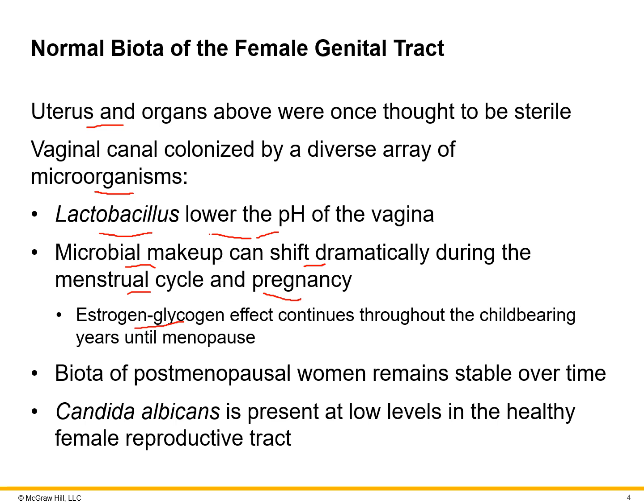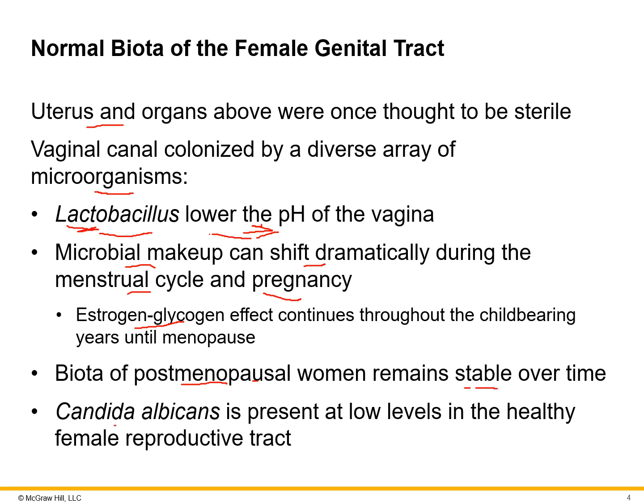But essentially, estrogen increases the amount of glycogen, which is a sugar source that these lactobacillus organisms that we mentioned and others can use to go through fermentation. And one of the products of fermentation is an acid that causes that lowering of the pH. Now, once individuals are postmenopausal, then their estrogen levels significantly decrease. So once estrogen stabilizes, then their microbiota does as well.